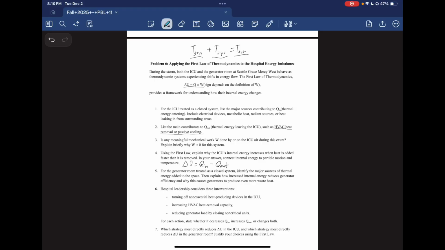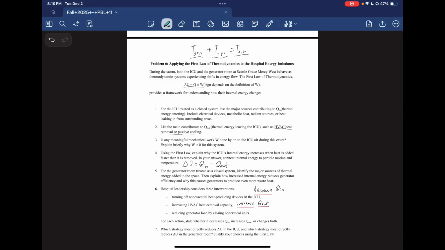Question 6 here is, I think, the most important one here, but it asks us to classify what it does. So turning off non-essential heat producing devices, it's going to decrease Q in. And then increasing HVAC removal capacity is going to increase Q out.